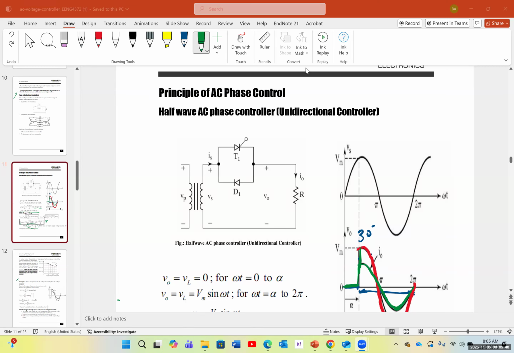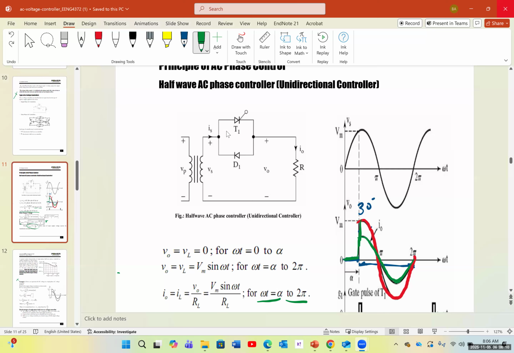In the previous class, we started the single phase AC phase control systems. We started with the half wave AC phase controllers, which are unidirectional ones.